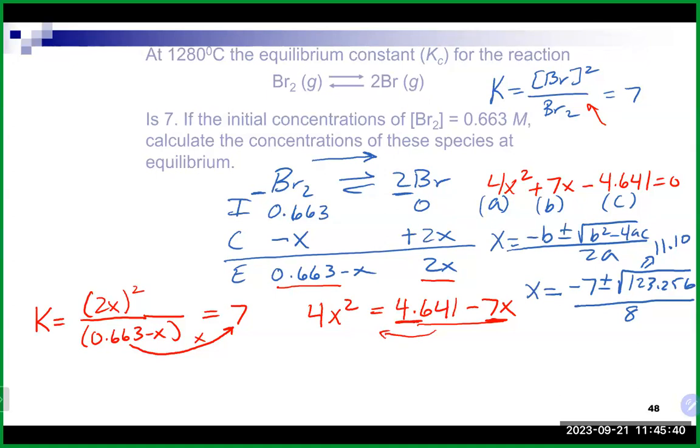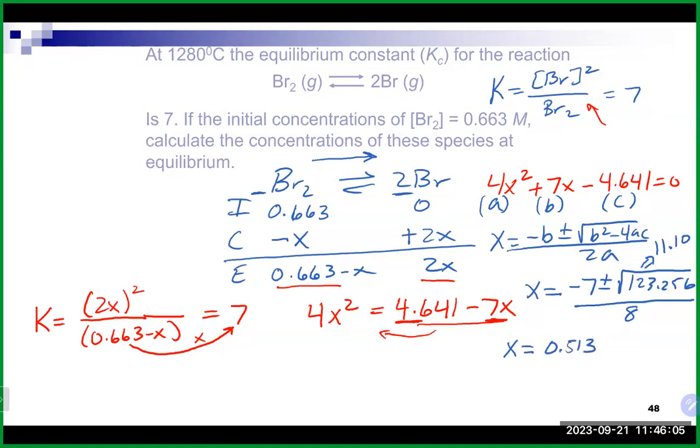As we talked about last time, we're going to get 2 values here. I'm going to do the plus first, and then we'll do the minus. So in this case, I take minus 7 plus the 11.10, divided by 8. That gives me an x value for the plus way of 0.513.